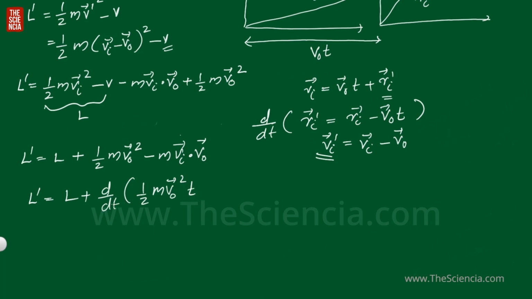So when we are taking the d by dt, this t cancels and we get half m V0 square. And Vi is nothing but dRi by dt, so this will be equal to minus m Ri dot V0 vector. So this is a function of R and t. So I can write L prime is equal to L plus dF, that is function of R and t, by dt.